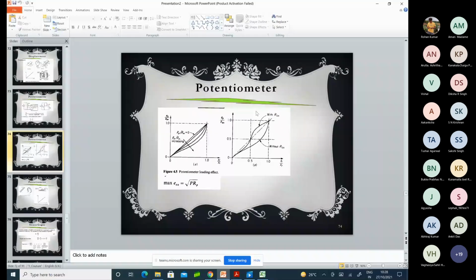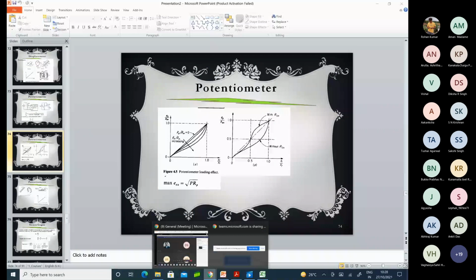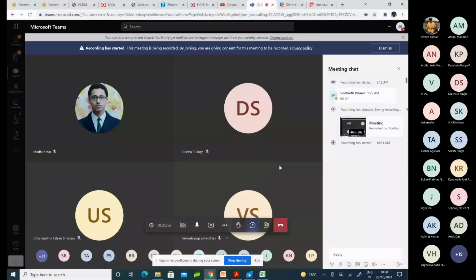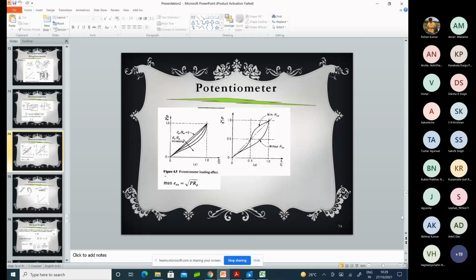If you have any query, you can ask or write in the chat box. Okay, thank you. So it is clear to all of you.